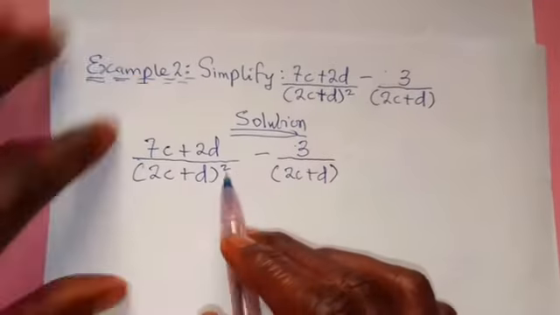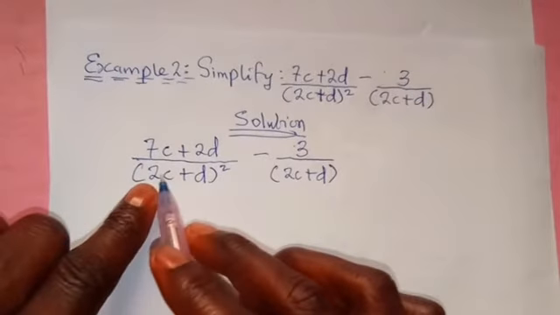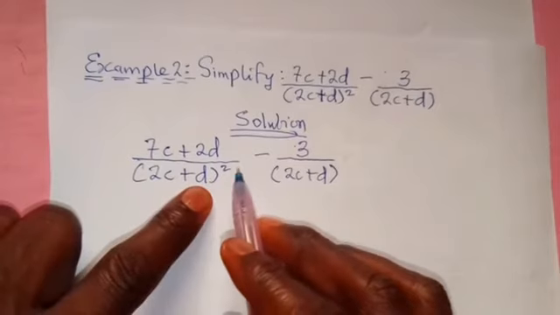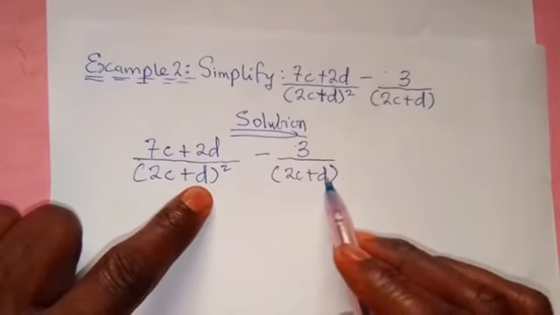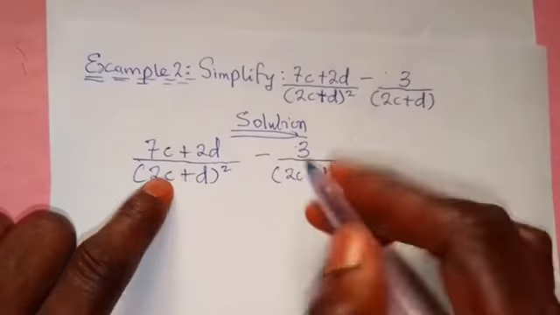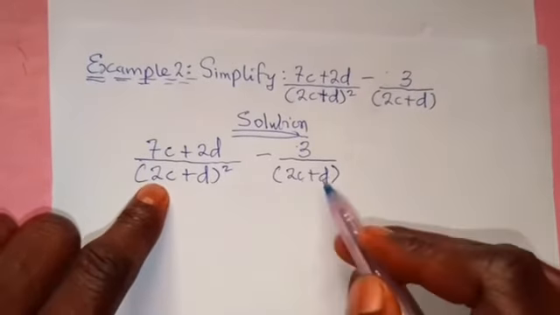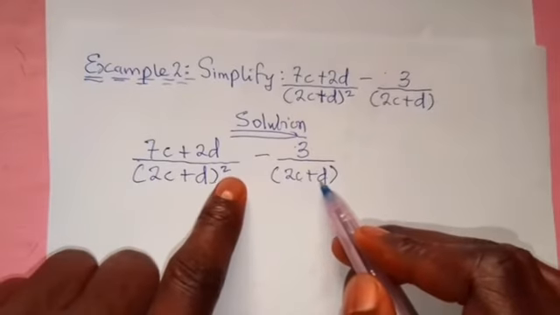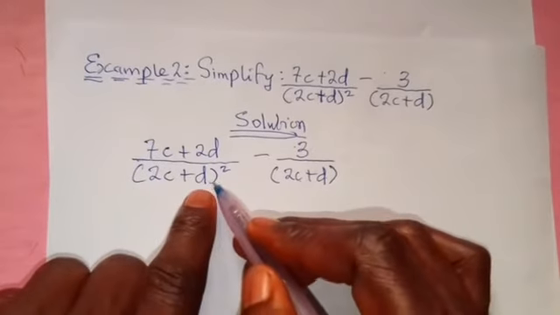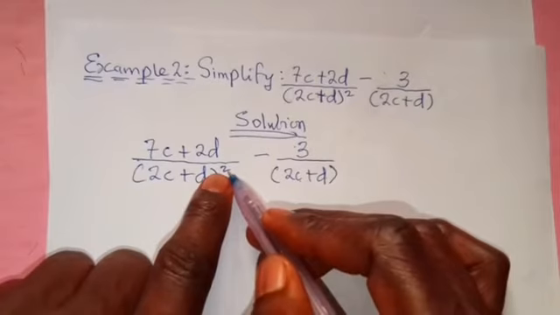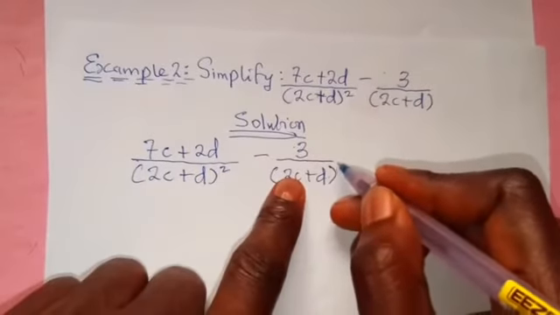Now once again, if you observe the denominators, you will see that we are having a 2c plus d all squared, then here also 2c plus d. But you will realize that the values in the content of the bracket are exactly alike. The only difference you observe is that in the first denominator we have 2 as a power, then in the next denominator we have 1 as a power.